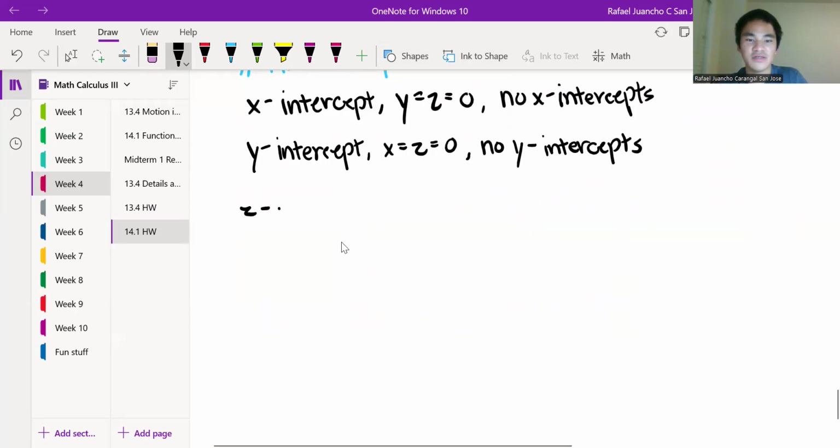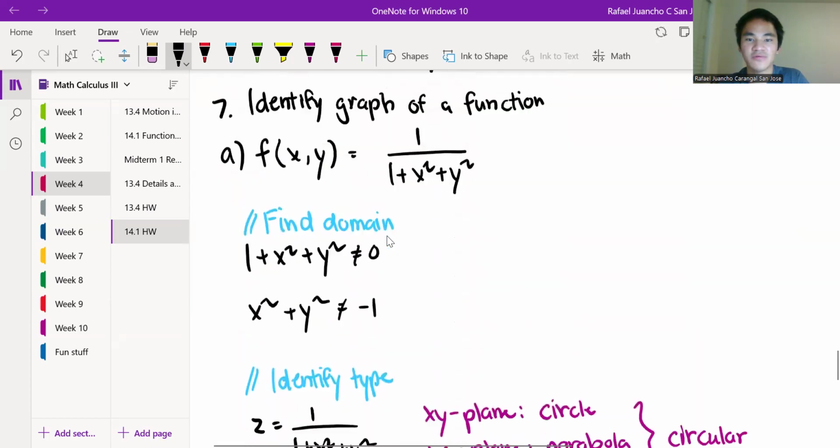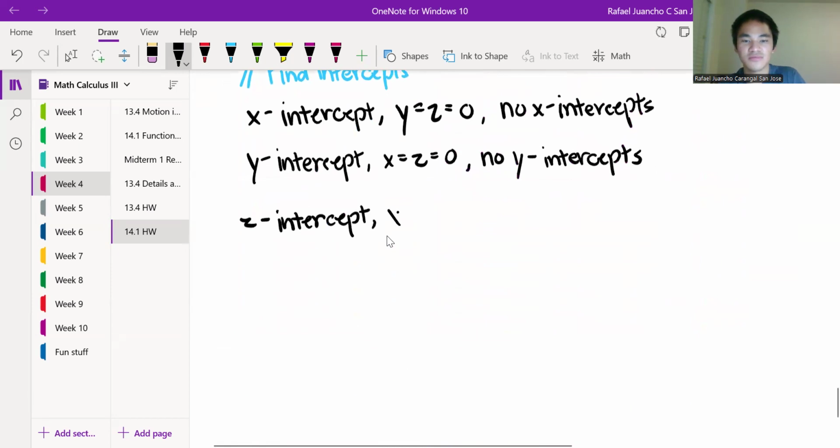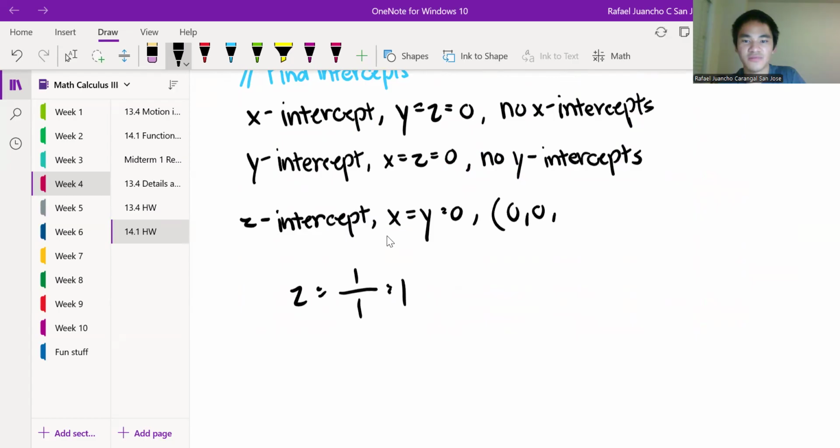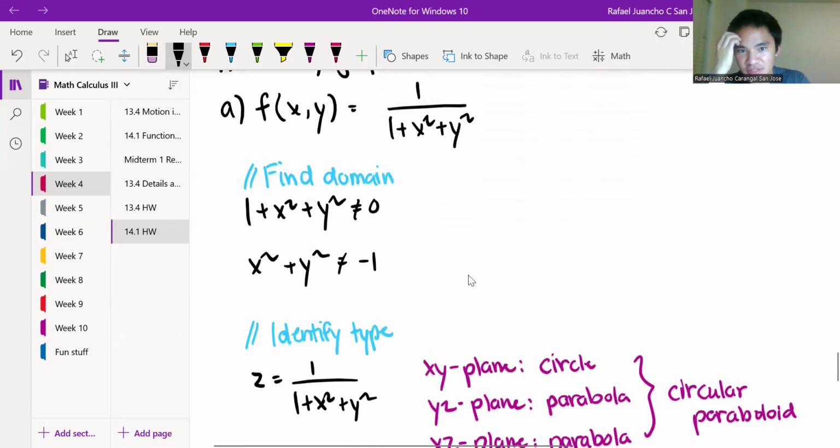Now, for my z-intercept, I make my x and my y 0. Here I would just have z is 1. So I actually have 1 point here. So that's all the information I know.